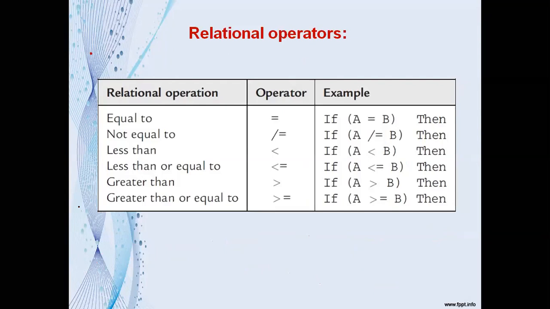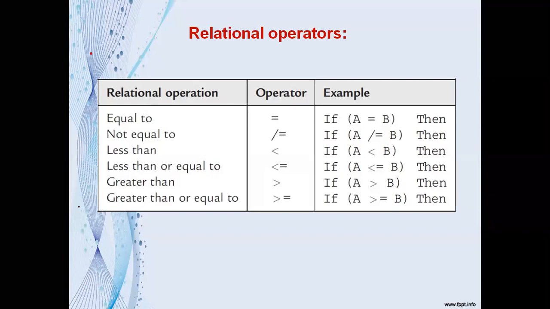In the scalar type, we have again 4 types: enumeration type, integer type, floating point type, and physical type. So these relational operators test the relative value of two scalar types. So here you can use the scalar types only.